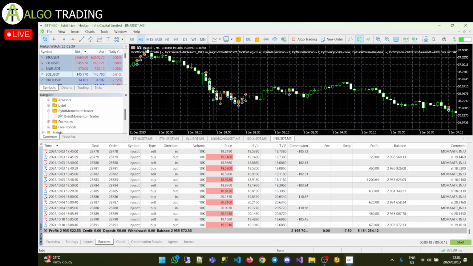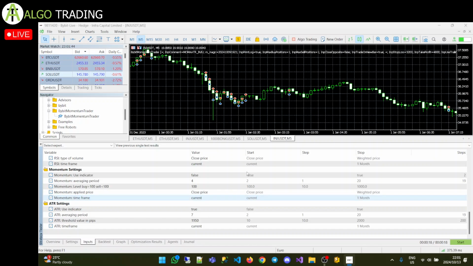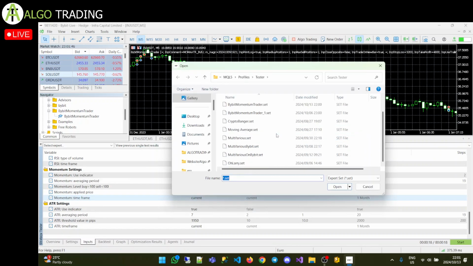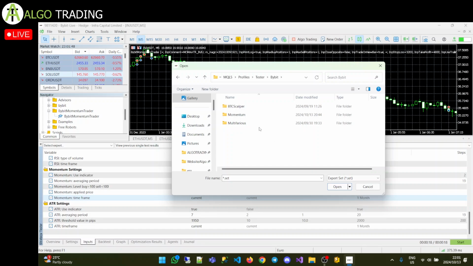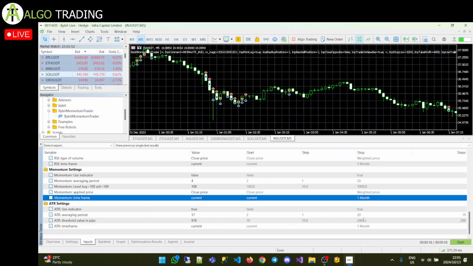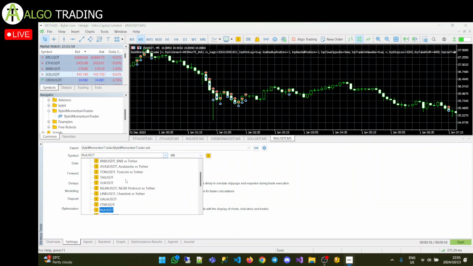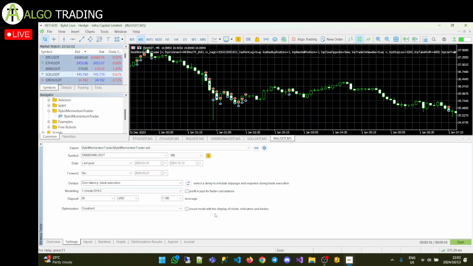Let's do a Bonk. I like trading with the meme coins. So let's find the Bonk set. If we're going to run this for the same time period, oh wait, let me just change this to Bonk. There we go.